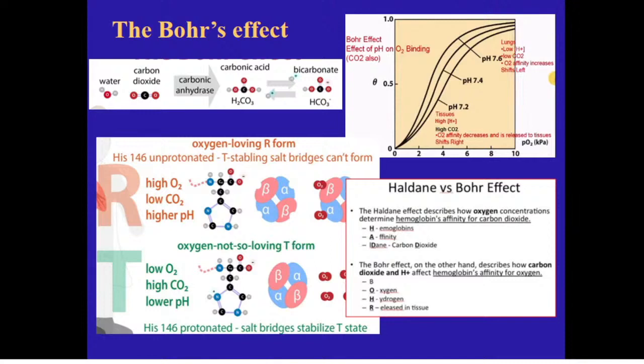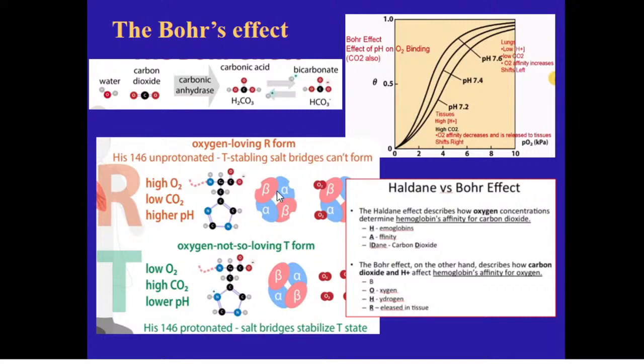So our relaxed conformation of hemoglobin, this is the conformation at which oxygen can easily be bound to hemoglobin.